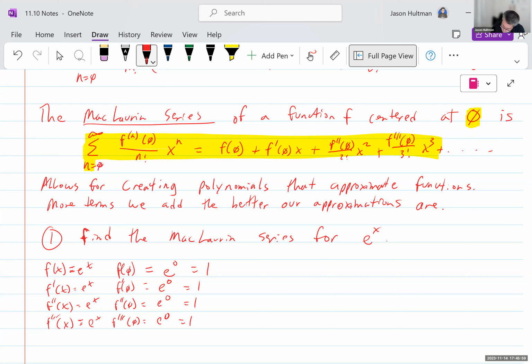So we could say that e to the x is equal to f of 0, which is 1, plus f prime of 0, which is 1, times x, plus f double prime of 0, which is 1, all over 2 factorial times x squared, plus 1 over 3 factorial x cubed plus 1 over 4 factorial x to the 4th plus, and it just goes on forever.